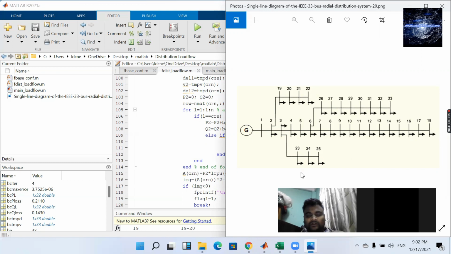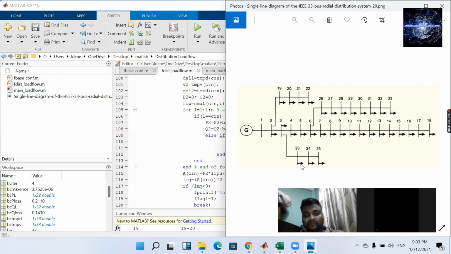But when power flows from 23rd to feed the load of the 24th bus, there will be loss in this 23rd branch. And again for the 25th also, if power flows from 23rd to 25th, the corresponding loss will also be there in the 23rd branch.